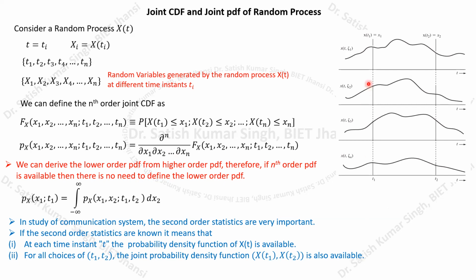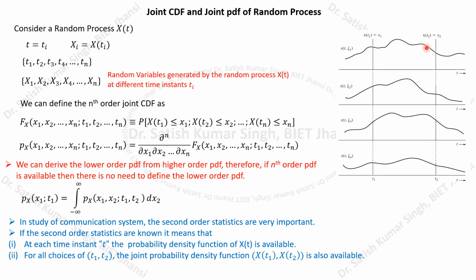Normally, if the time instance that we are taking takes a continuous value, if you define this time variable t and take the samples at any real value of t, and the sample functions give you a certain amplitude, then it will be known as the continuous random process. But suppose you take only integer values of t, let us say t equals 1 second, 2 seconds, 3 seconds, 4 seconds, and so on.